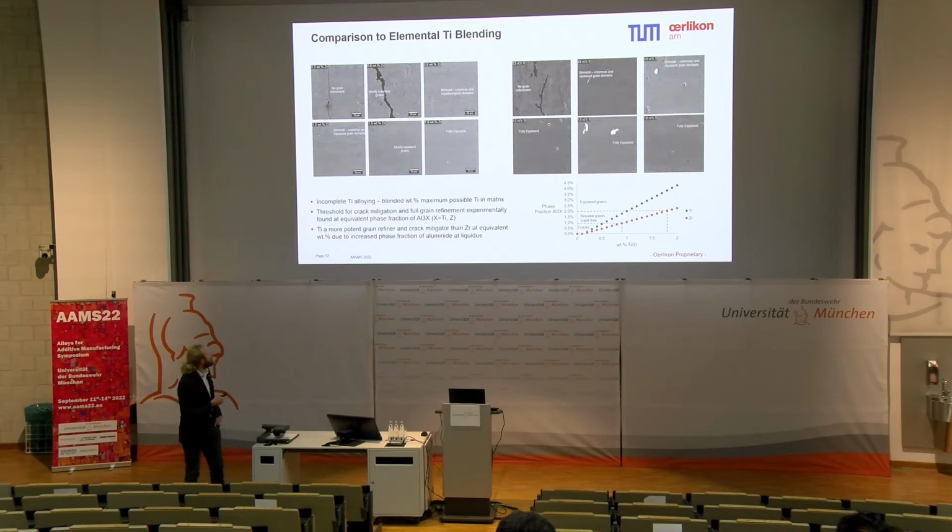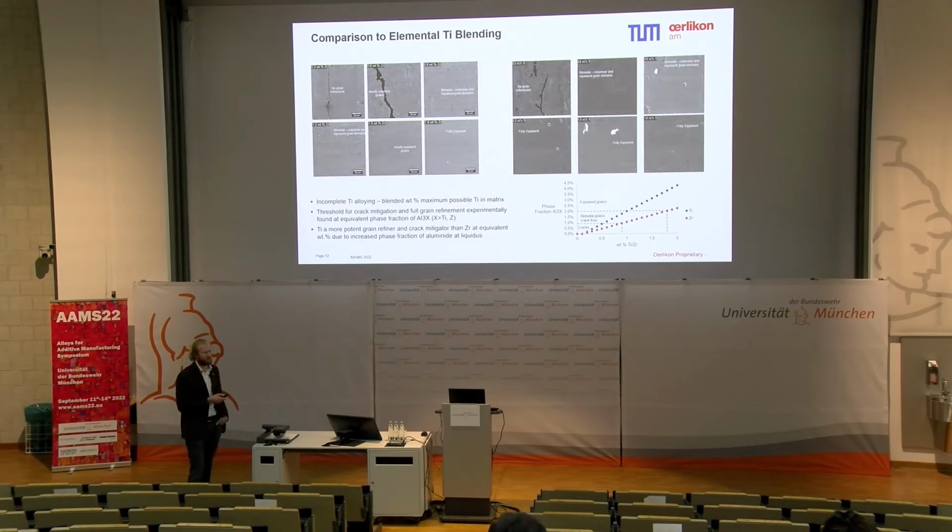And so we can see columnar grains, even with 0.3 weight percent titanium added, and blended elemental spherical titanium particles at the same weight percent increments. Essentially what we can see is that at the same phase fraction, around 1 molar percent, we stop cracking.